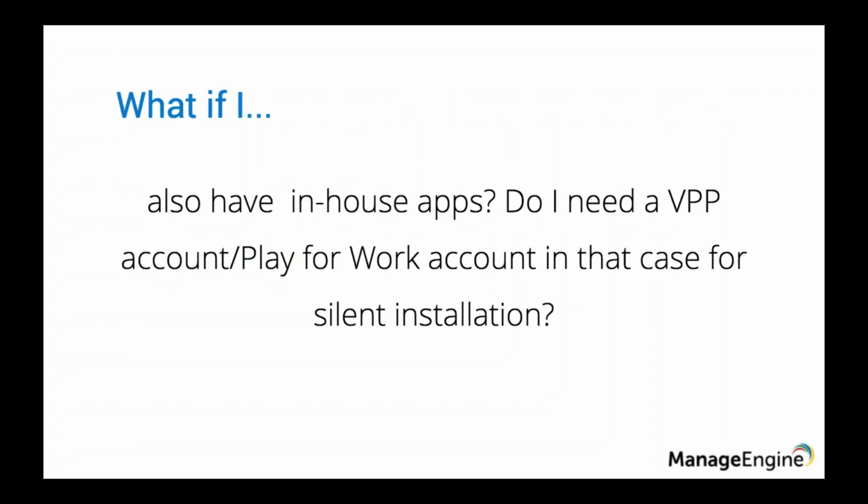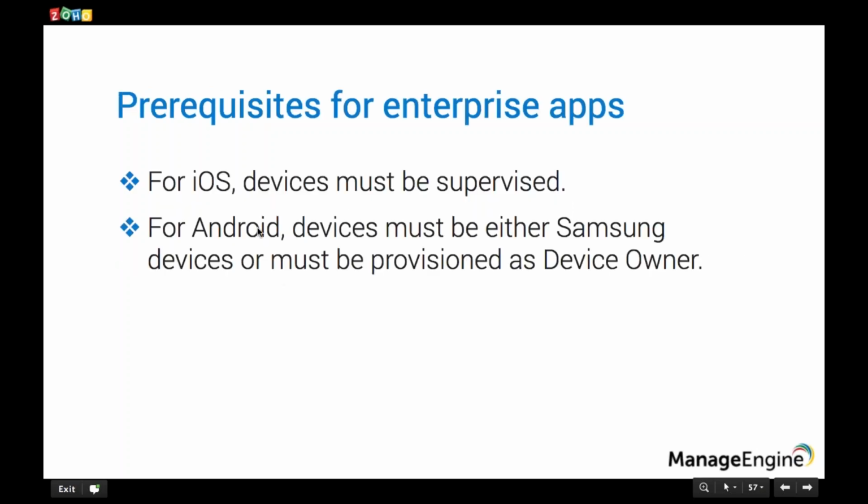So now, my organization also makes use of in-house apps or enterprise apps. So do I need a VPP account or a Play for Work account for silent installation? That is not the requirement, but there are a few prerequisites that need to be met. So the first thing is for iOS, the devices must be supervised.